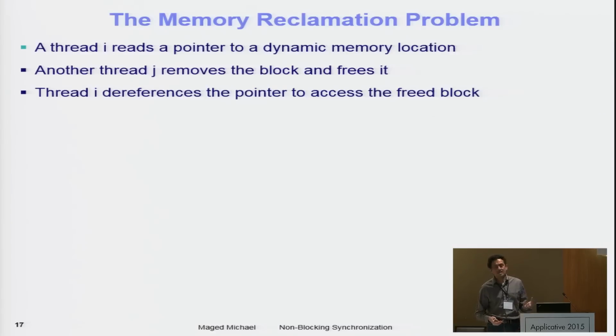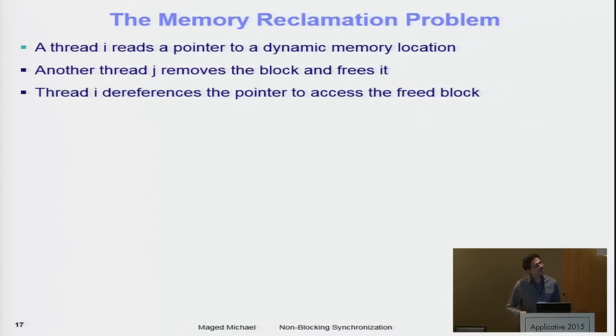Another thread J removes that block from the structure and frees it or reuses it, and then the first thread dereferences the pointer and accesses a freed block, or a block that has different semantics than it was expecting.